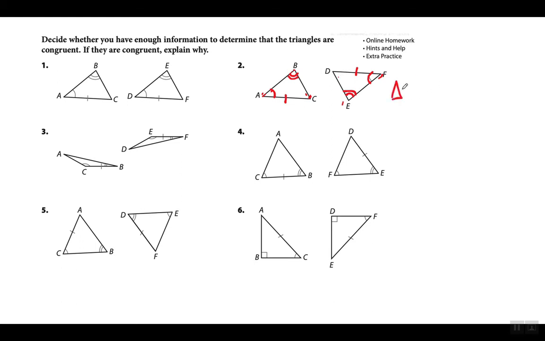If you look at it this way, triangle ABC and triangle FED, if you go in that order, you'll see that it's the same thing. If I start here, I got this angle with one line, then this angle with two lines, then this angle with no lines, and the side that's right here goes with this side. So yes, it is congruent by AAS.